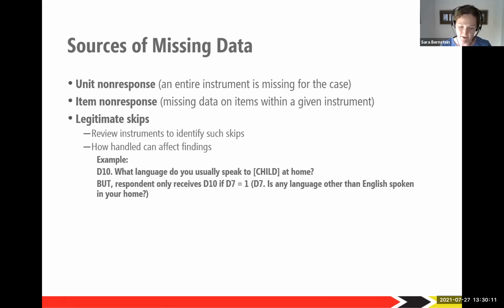But to answer this question correctly, you need to take into consideration those parents who didn't get the item because they reported speaking only English in the home, and then skipped D10. If we account for the legitimate skip and include those parents in our denominator, you'll see that it's a somewhat smaller percentage of children's parents who report a native language as their primary language.